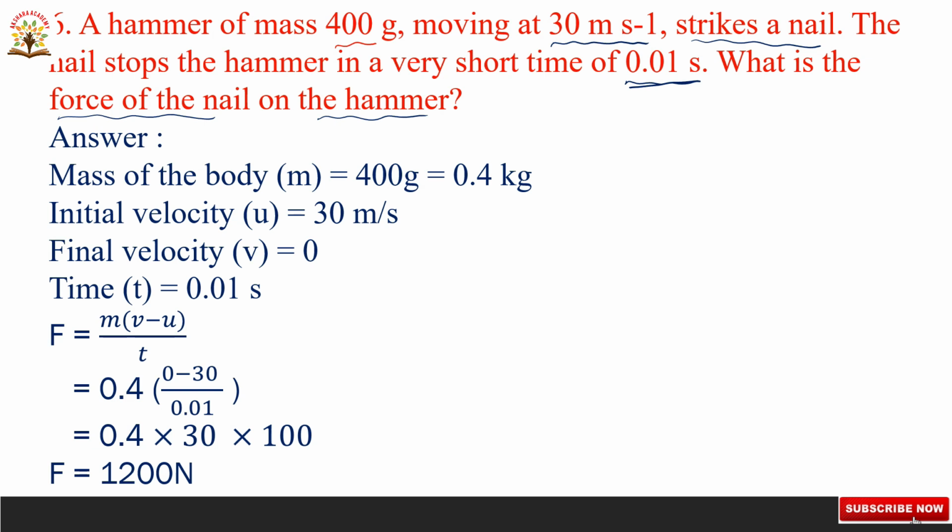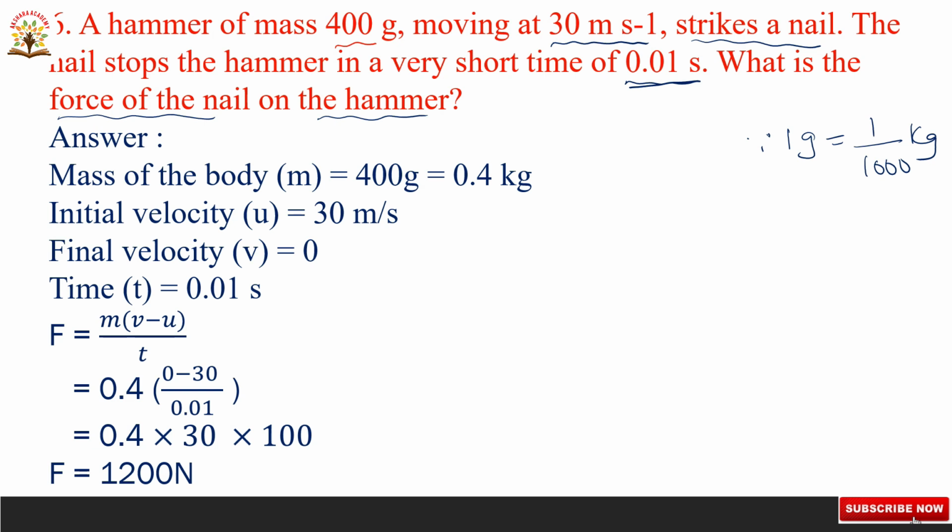Now let us discuss. Mass of the body m is equal to 400 grams. Here converting grams into kilograms, 1 gram is equal to 1 by 1000 kilogram. 400 grams is equal to 400 by 1000. It gives 0.4 kilogram.